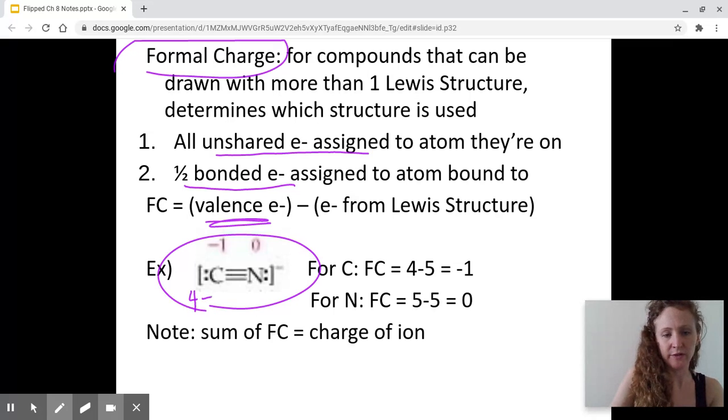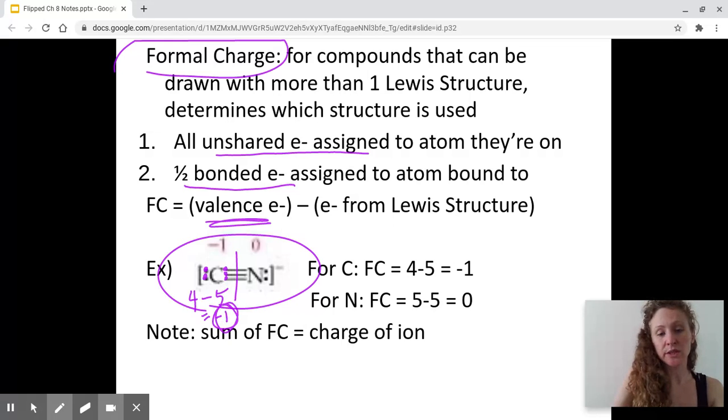Around carbon, we have 2 unshared electrons, and then we have 3 bonded electrons. Notice I'm taking half of the bonded electrons and giving them to carbon. So that would be 5 total electrons. So carbon has a formal charge of -1.